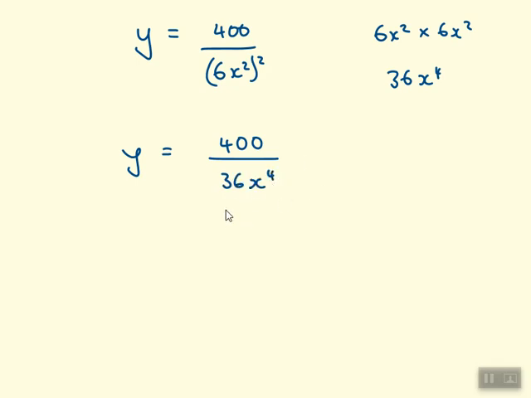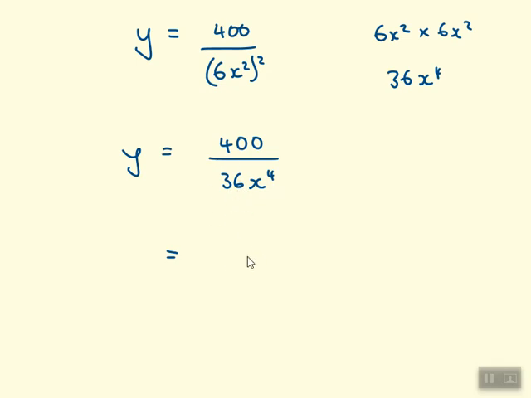Okay, and then we need to do a bit of simplification. Now, there's no x's on the top, so there's nothing to do with the x's. I'm going to leave the x to the power 4 on the bottom. But 400 over 36, both of those numbers can be divided by 4. 4 goes into 400, and it definitely goes into 36.